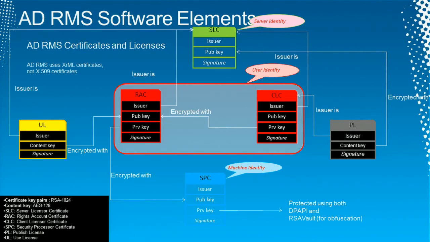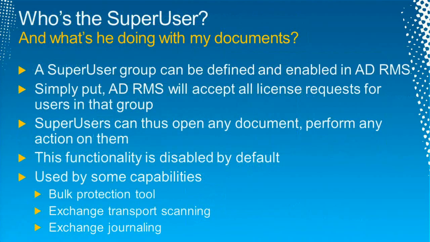Going through the rest of the chain right below there, the private key is encrypted with the public key of the SPC, and the private key of that is on your machine, which at the end of the day allows decryption of content back to the user. So I'm trying to keep it simple, but that slide will be posted.